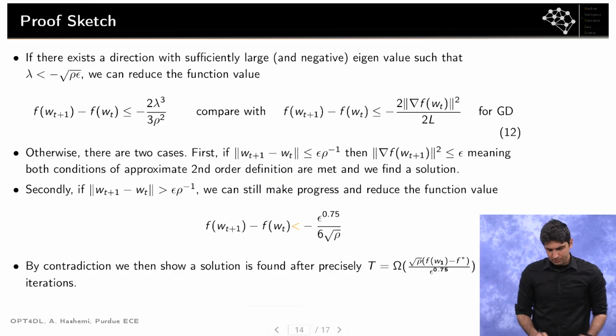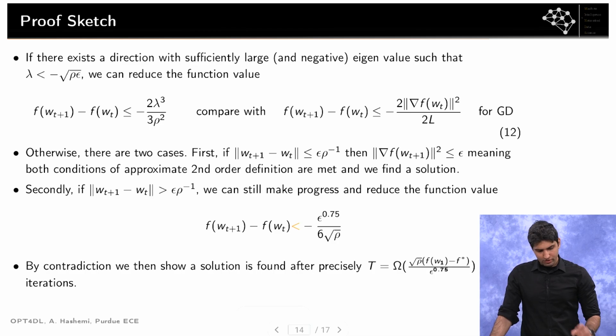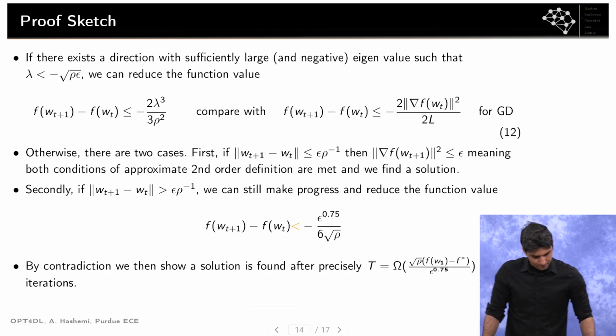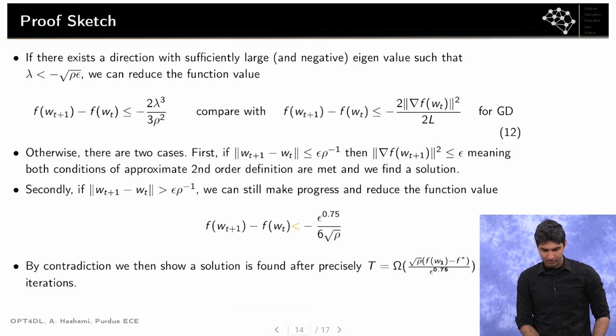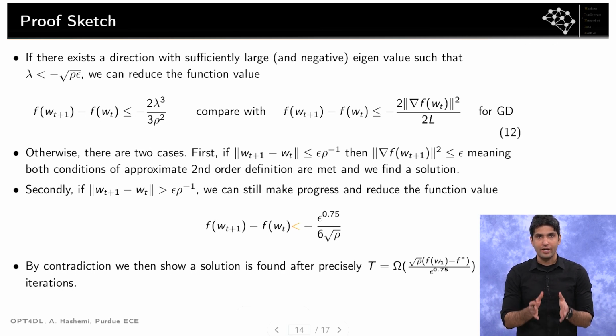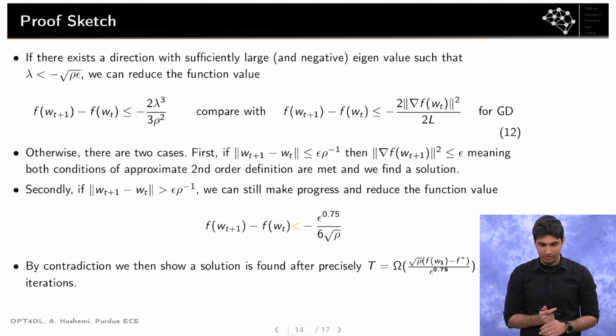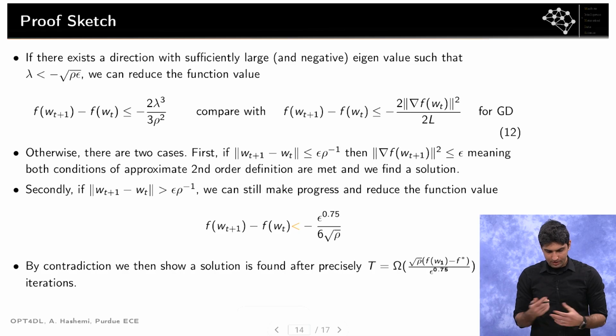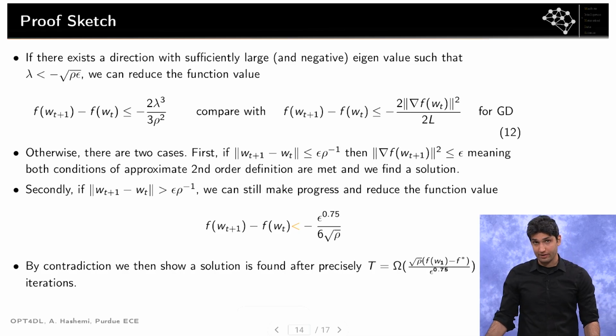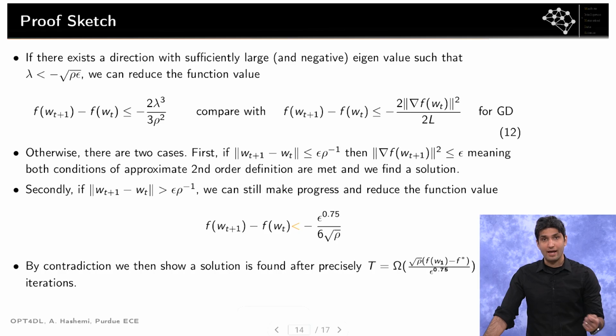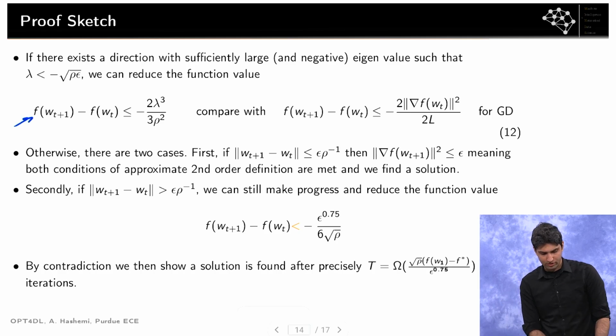All right. So the proof is a little bit involved, but I just want to mention the main ideas, to see how we can establish this result. So the first step is as follows: if there exists a direction with sufficiently large and negative eigenvalue, essentially a direction that I can leverage to minimize the function, then we can indeed identify that direction and leverage it to reduce the function value.